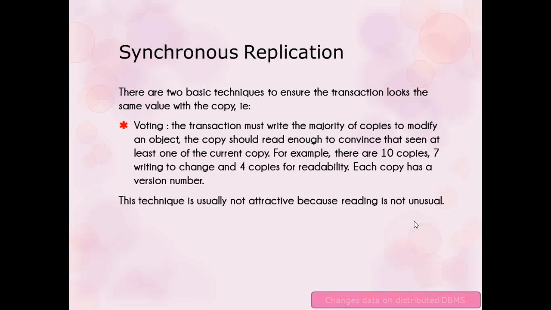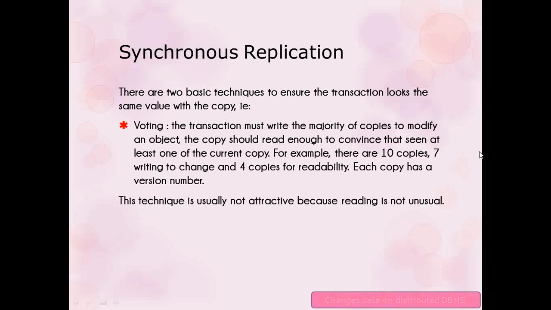Synchronous replication. There are two basic techniques to ensure the transaction sees the same value across copies. Voting: the transaction must write a majority of copies to modify an object, and must read enough copies to be sure to see at least one of the current copies.